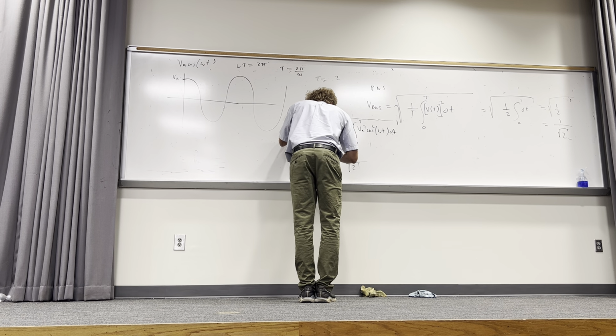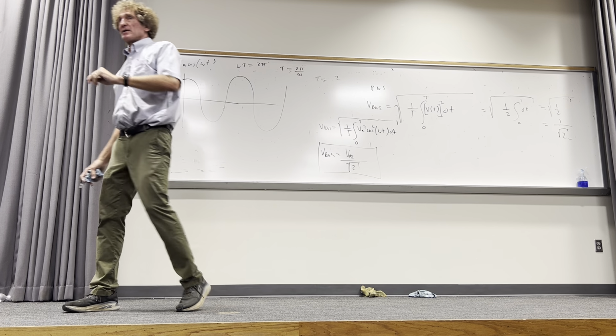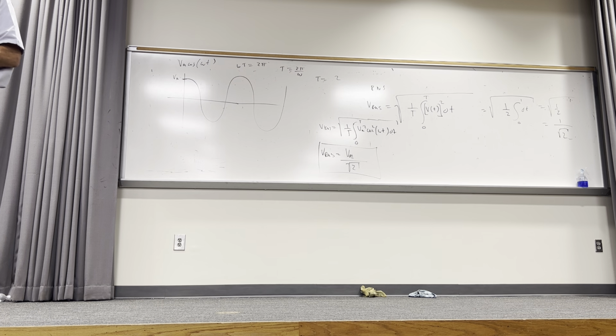Now, we're going to use this all the time. To go from the peak value to the RMS value of a sine or cosine waveform, like that wall outlet, it's just dividing the value of the peak by the square root of 2.